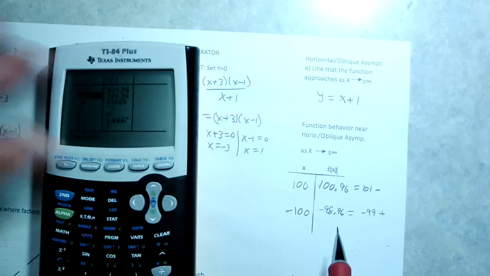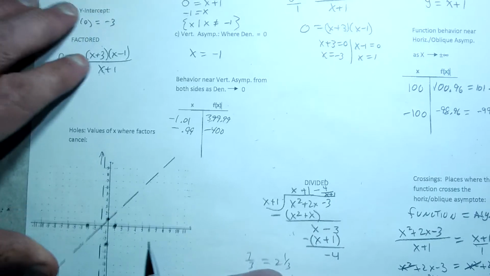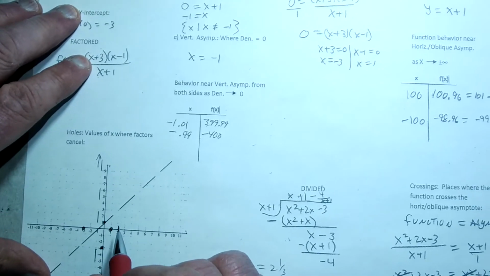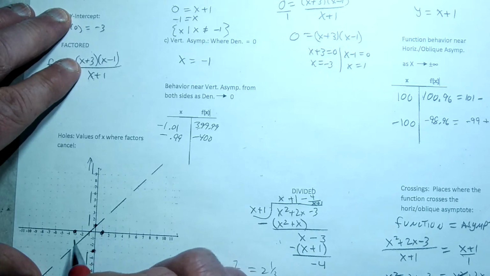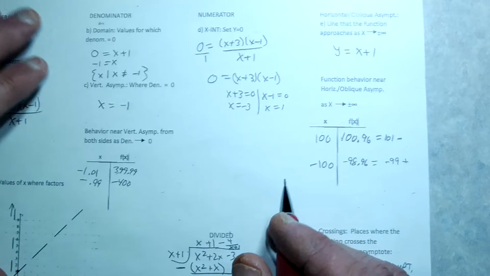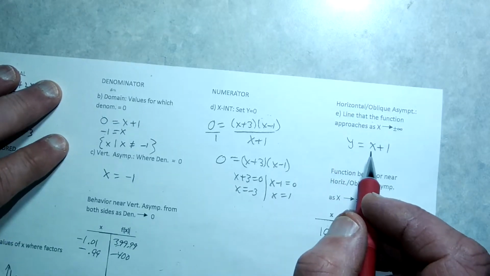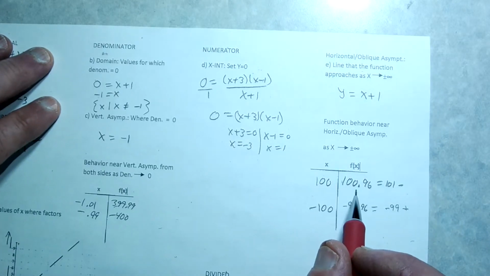And so what I believe is happening is for big values of x, I am behaving like y is equal to x plus 1, because think about it, when you put 100 into this function, you'll get 101. Well, I got almost like 101.